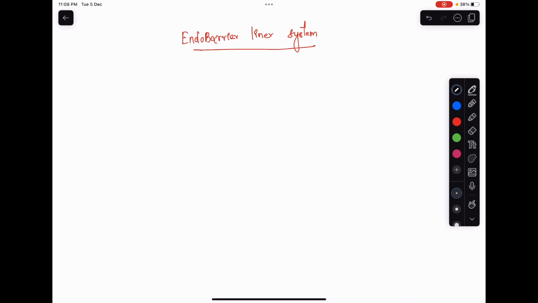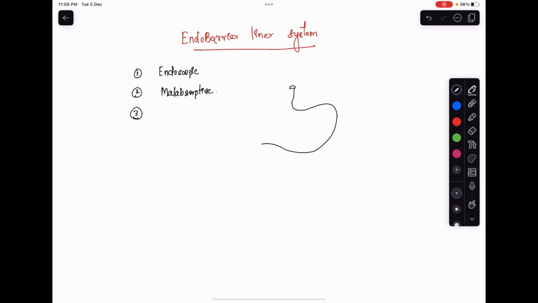Now let's know about the EndoBarrier liner system. This is also an endoscopic procedure. This is a malabsorptive type. In this surgery, through the endoscope from the mouth, we are passing a liner into the duodenum and proximal jejunum.